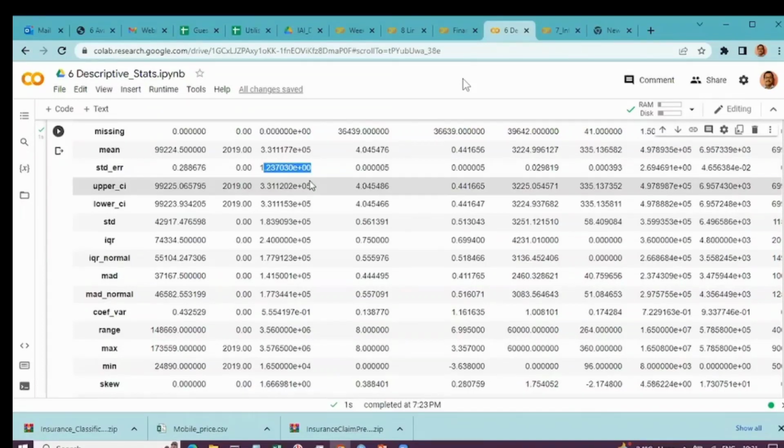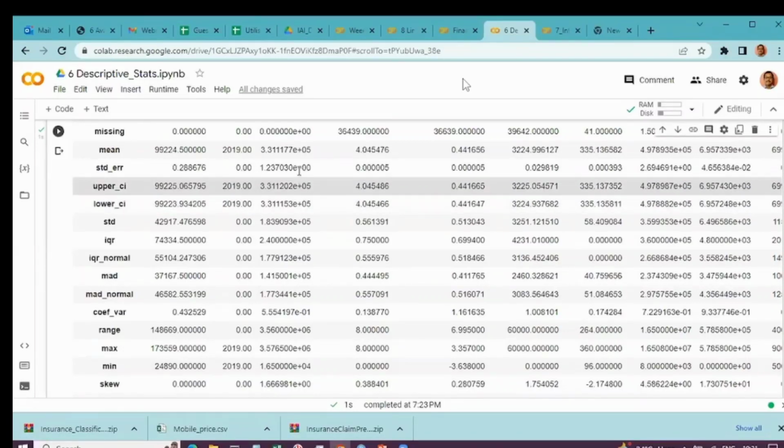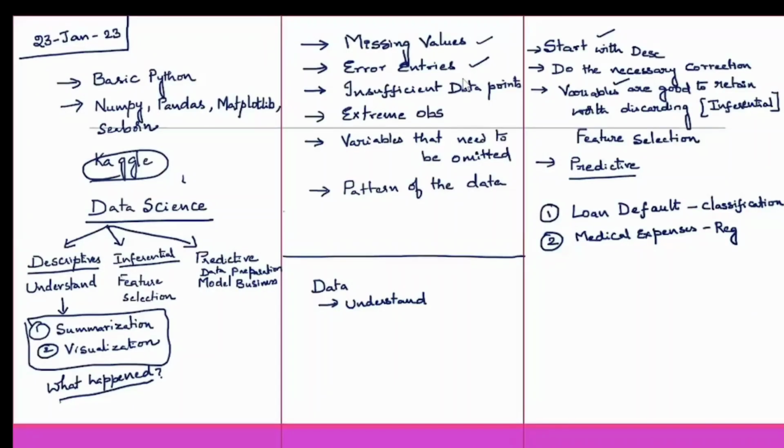Standard error, upper confidence interval and lower confidence interval actually play a role in the inferential statistics.